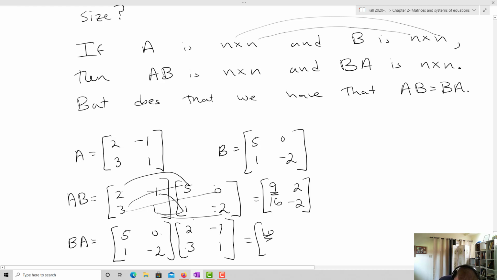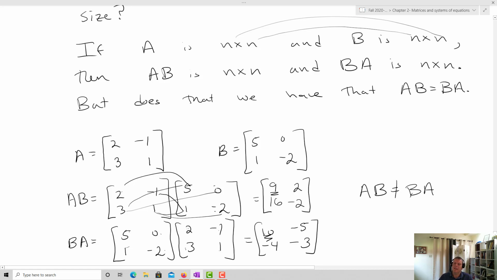Let's finish this up. 5 times -1 is -5 and 0. Then we'll have 1 times 2 is 2, minus 6 is -4. And then 1 times -1 plus -2 times 1 is -3. And you'll see here that AB now does not equal BA.